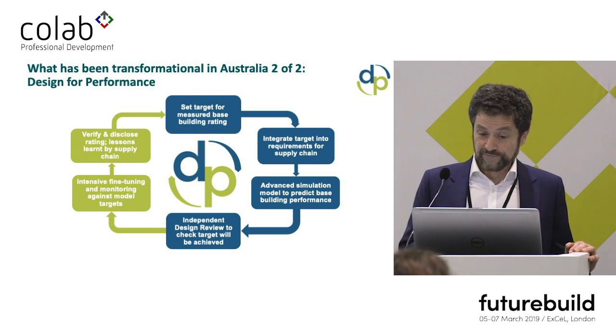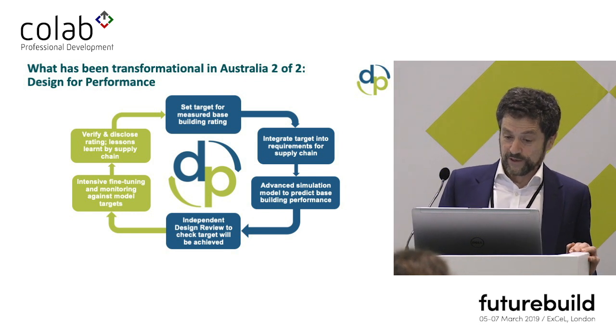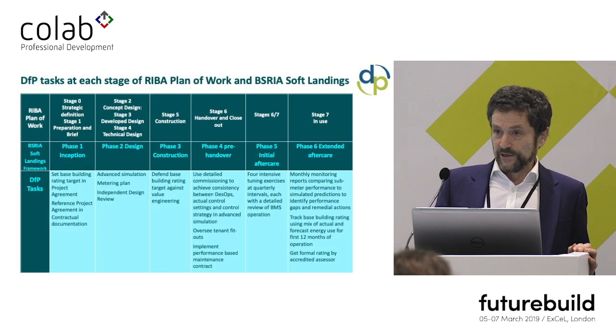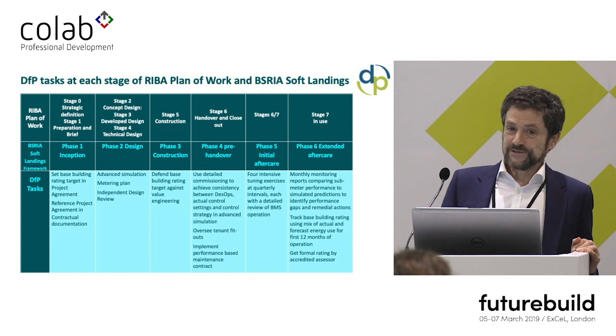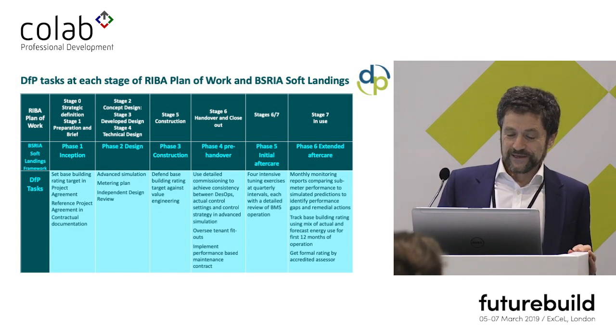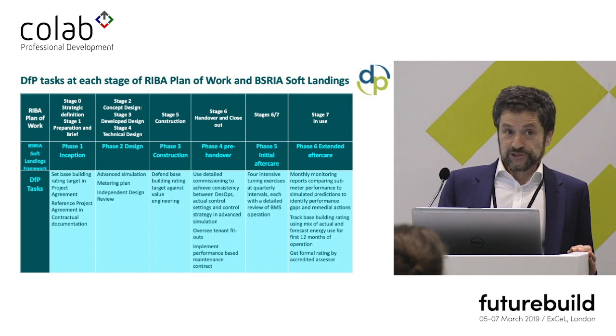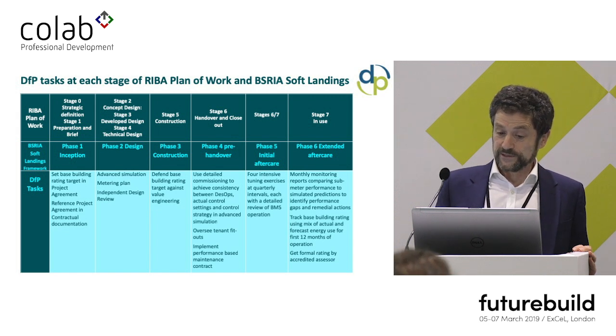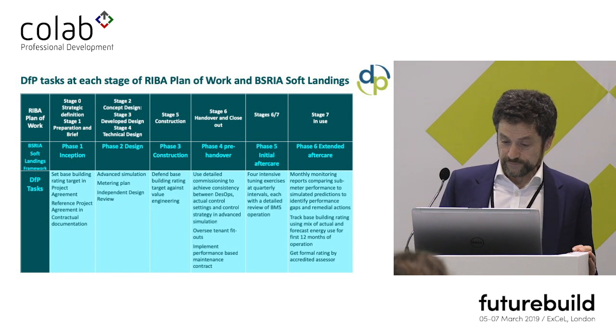And that's obviously for investors, occupiers, developers, and everybody. So there's a lot to do to get this right. I'm sure the font size on this is going to be fairly illegible from the back. But this shows the different actions that need to be taken at each stage of the RIBA plan of work, and indeed the BSRIA soft landings process.